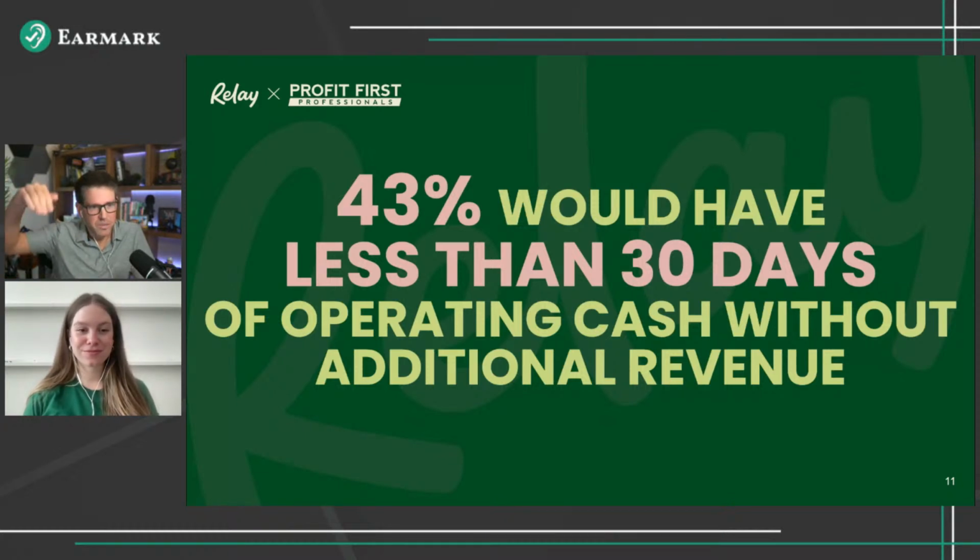So whatever comes in that day, Relay at some point in the middle of the night says, okay, here's $1,000 in the income account. Let's make it $100. It's easy, percentages, right? Here's $100 in the income account. I'm going to take $20 and automatically transfer that over to the savings account. And I'm going to take $80 and automatically transfer that over to the operating account.